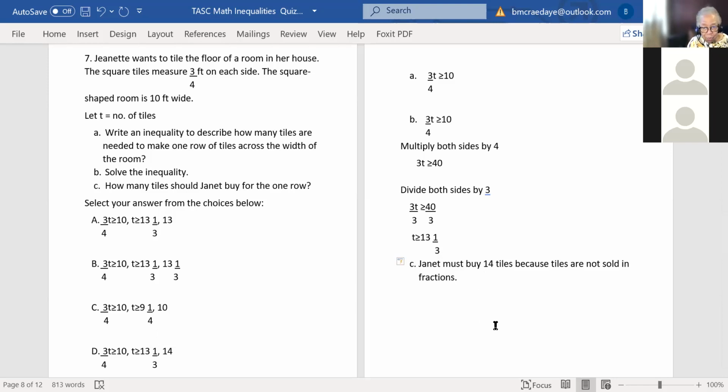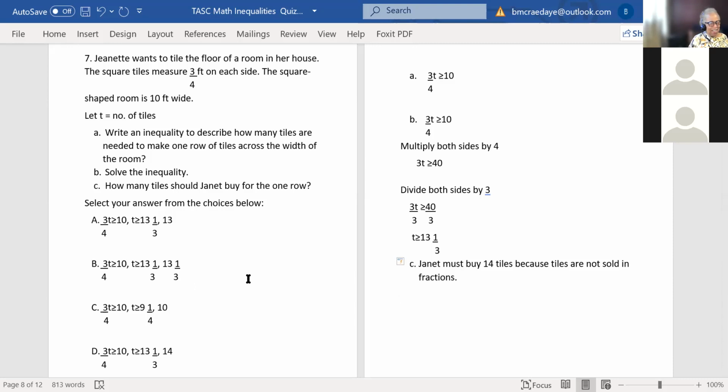So Maureen, you said what? You said B, but you didn't know that you can't buy towels in fractions? I wasn't thinking about the fractions anyhow. No, but you said B, 13 and a third. No, I had C. Oh, you said C?